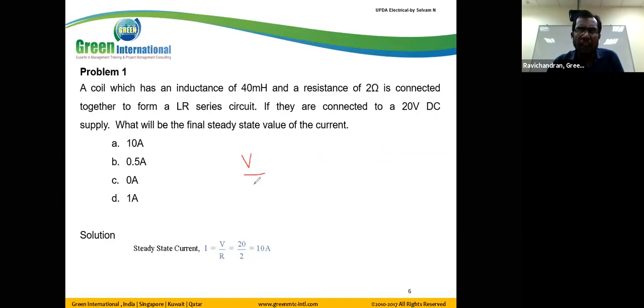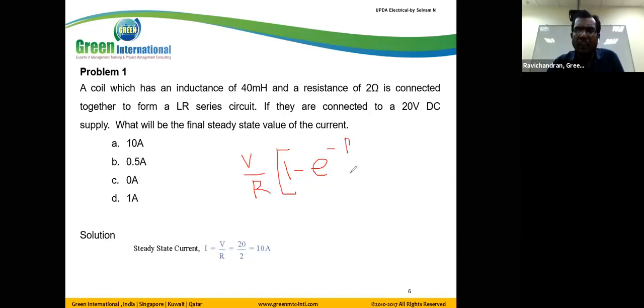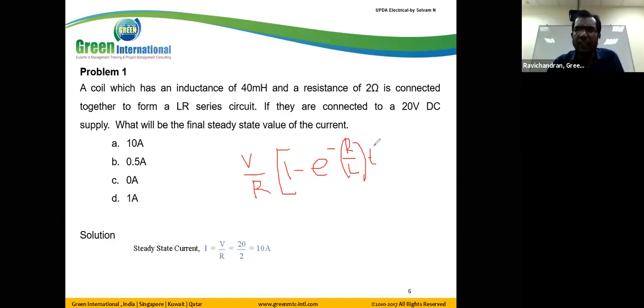V by R, formula is V by R 1 minus e to the power of minus R by L into T. Okay, this is the general equation.